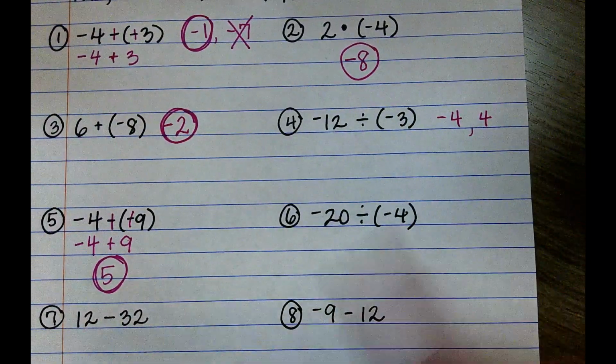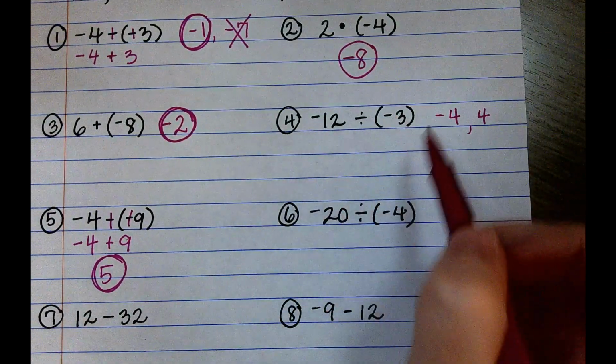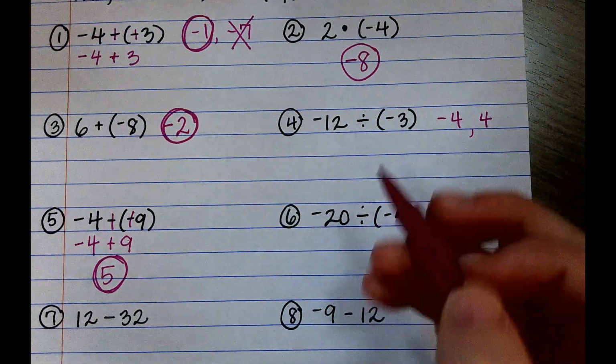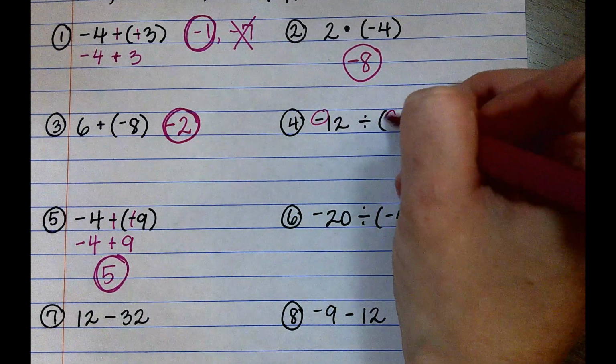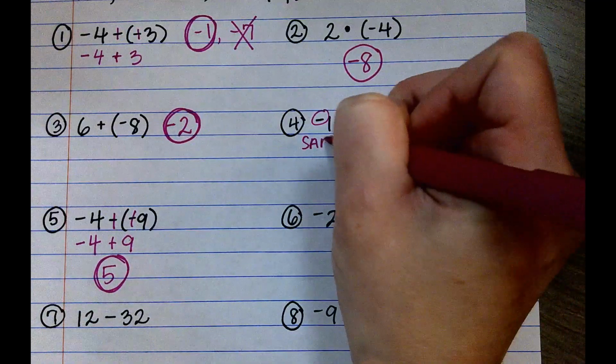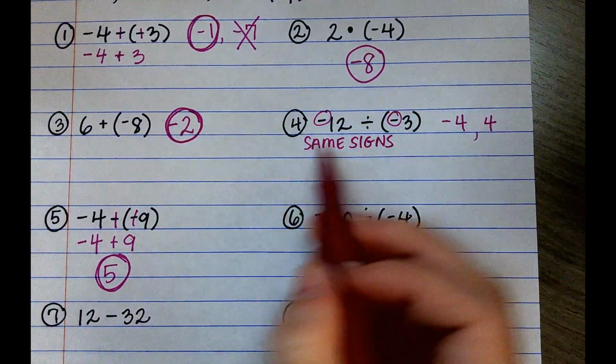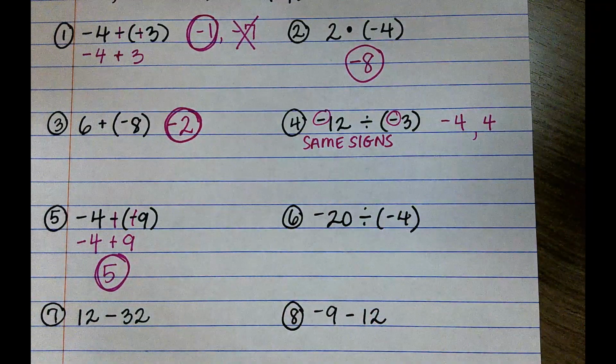+4. Okay, so this is a division problem. Do we have same signs or different signs? Same signs, even though they're negative. When we have the same signs, is our answer positive or negative?